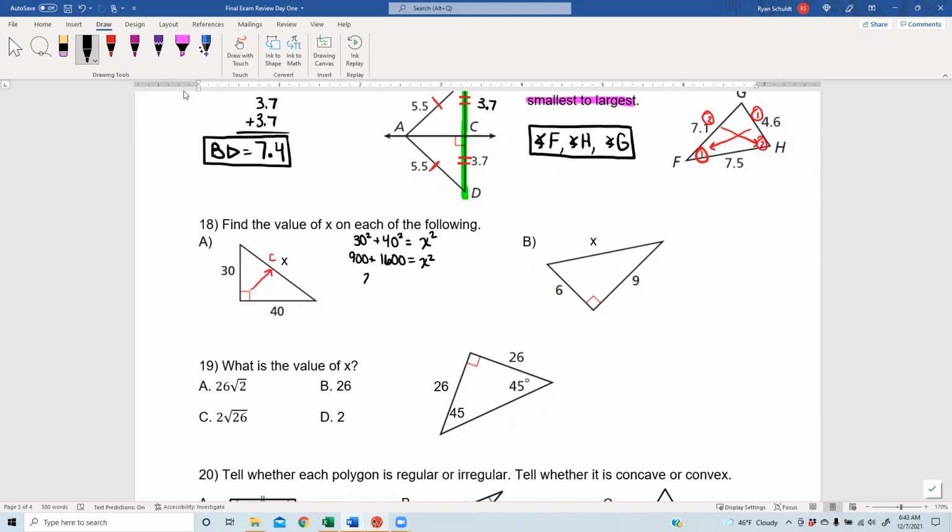Add those together and you get 2500. Then we've got to square root it. Square root of 2500 is 50. So x equals 50.